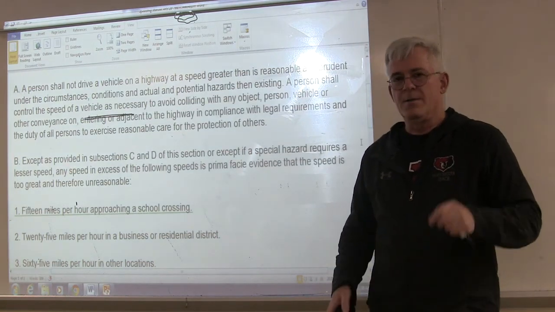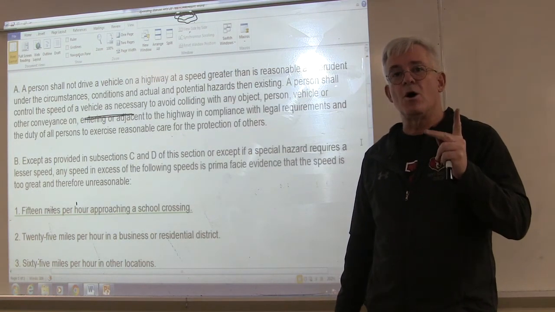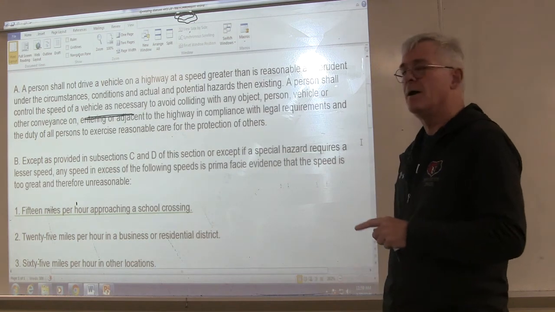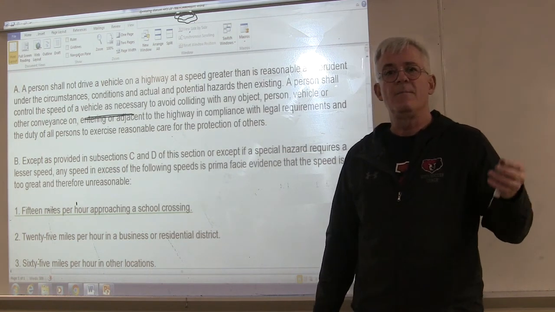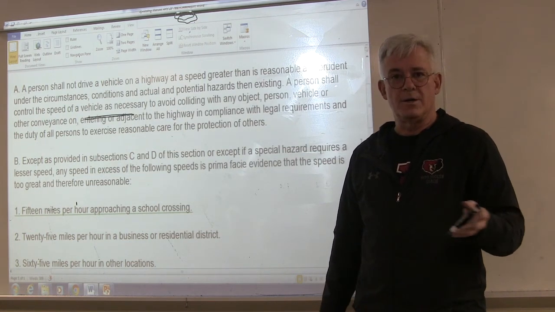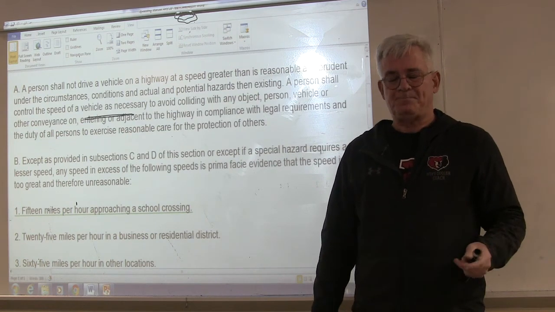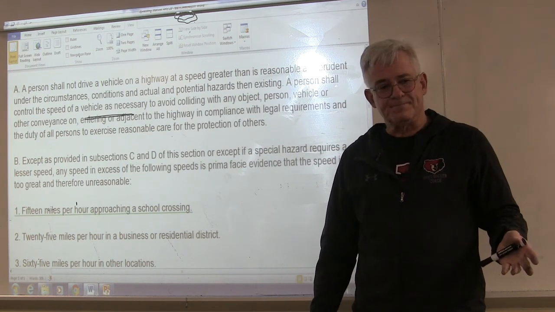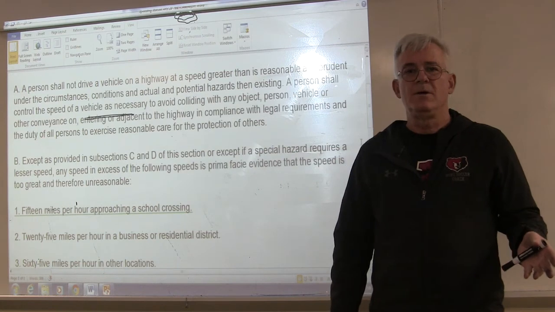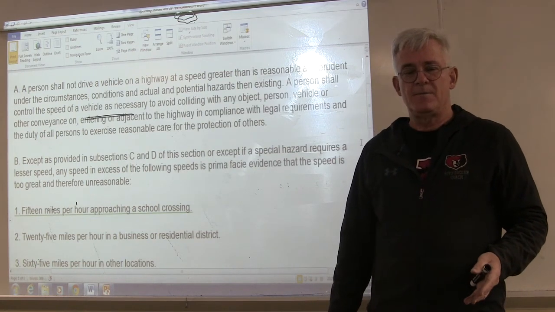You can show reasonable driving by talking about flow of traffic, by talking about road conditions. Now, this is one of two ways to fight traffic tickets, speeding tickets.